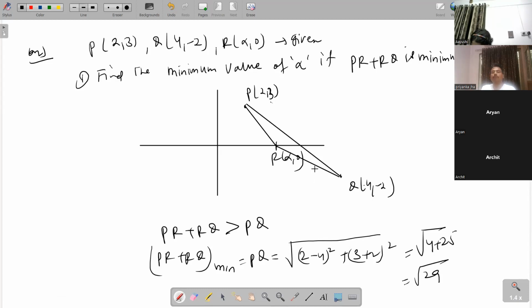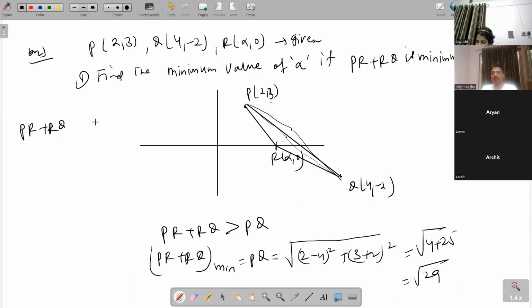Okay, noted. Now you have to find alpha. You can see that if R is anywhere from here or here, even very close to this line, this PR plus RQ distance will always be greater than PQ.